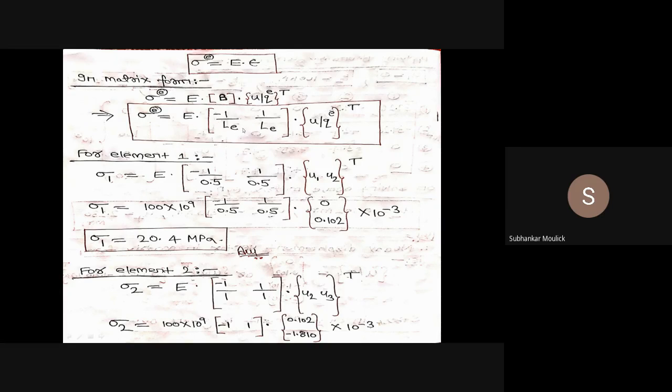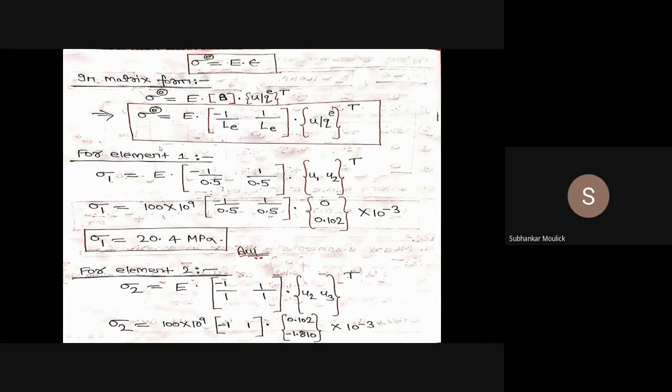LE is the length of element number 1. In the given problem, the length of the first element is 0.5 meter. So minus 1 upon 0.5, 1 upon 0.5 into the nodal assembled displacement matrix transpose. But which values will be coming in this matrix?